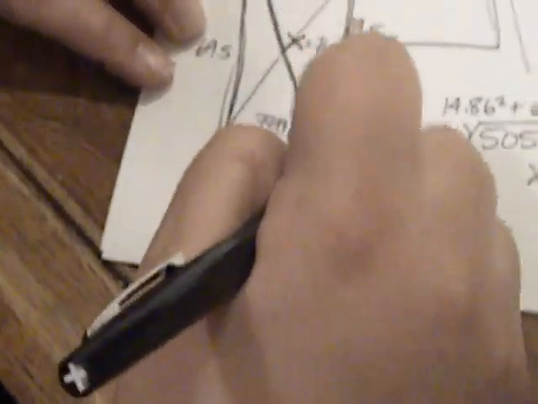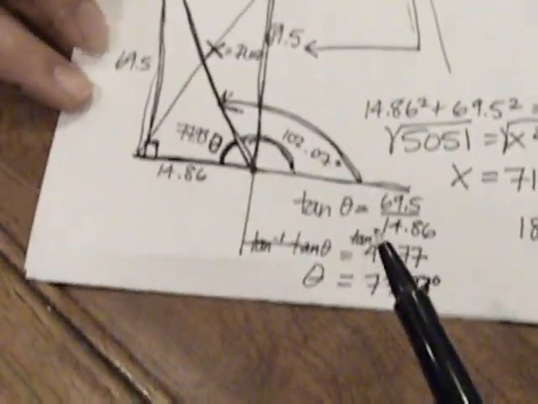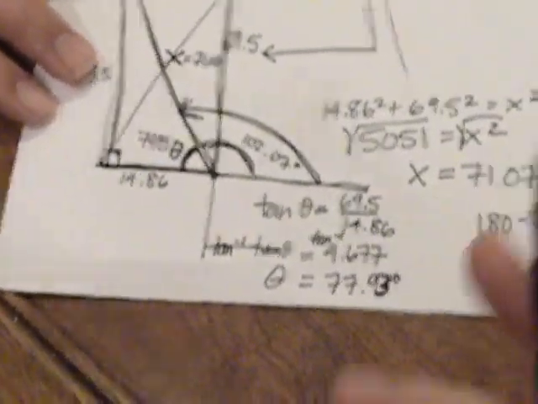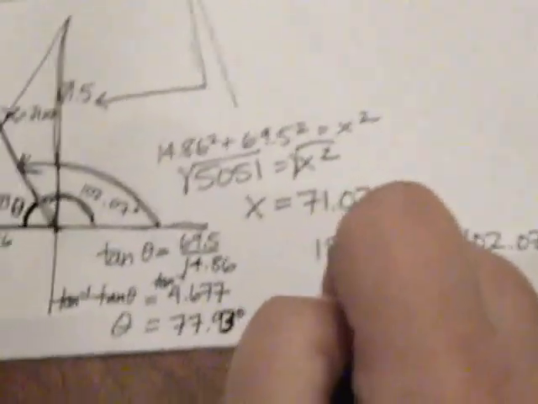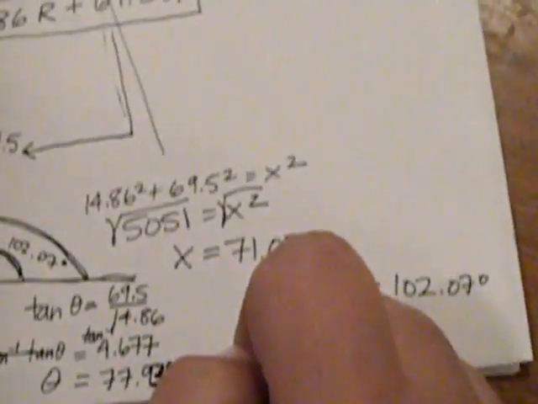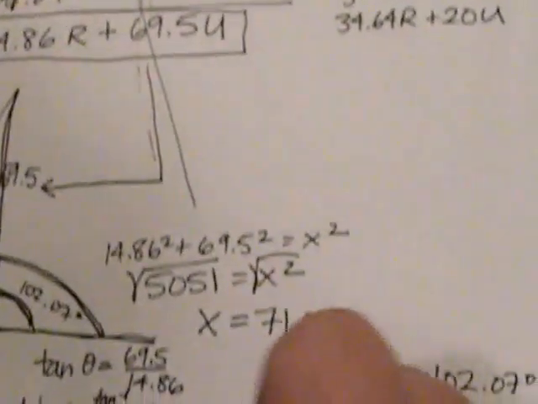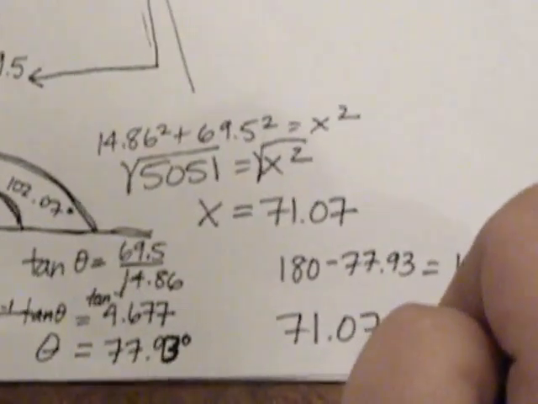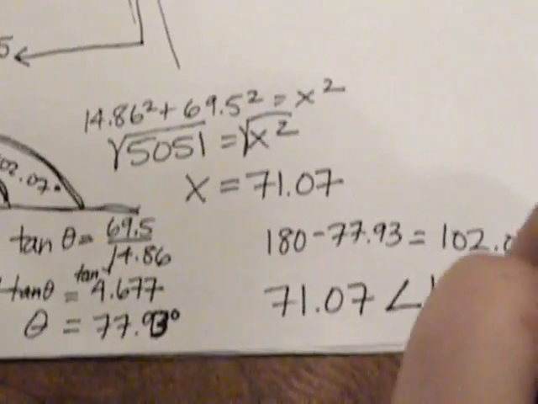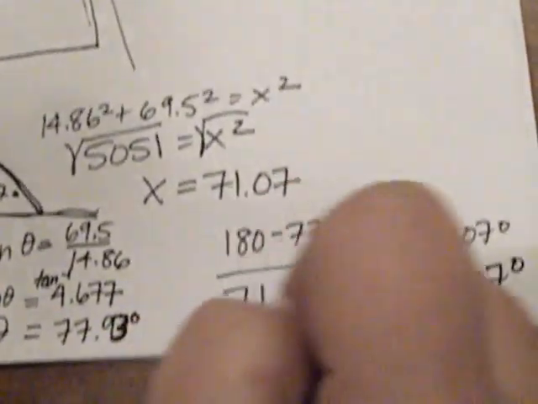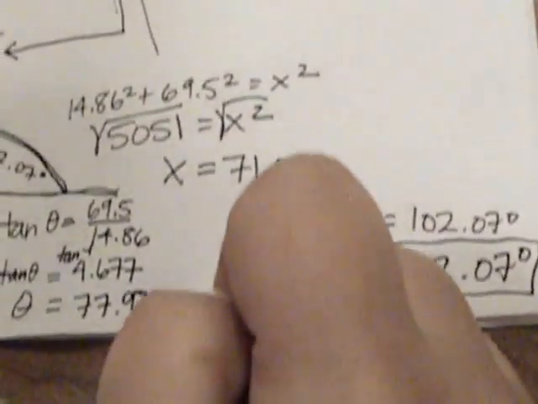So we know that our angle is 102.07, and we know that our hypotenuse length is 71.07. So to rewrite it in polar coordinates, we say 71.07 angle 102.07 degrees. That is in polar coordinates.